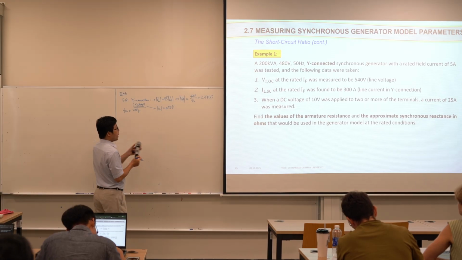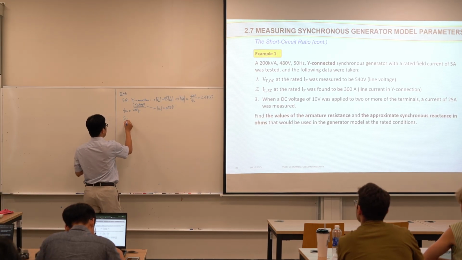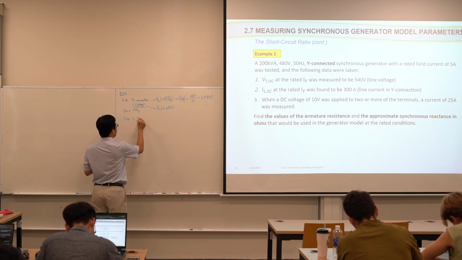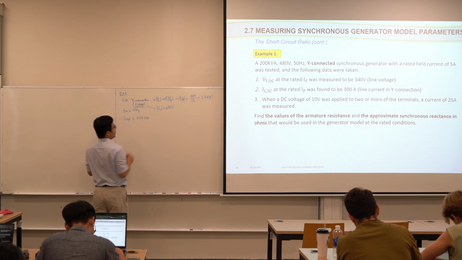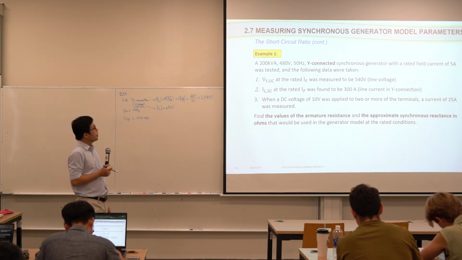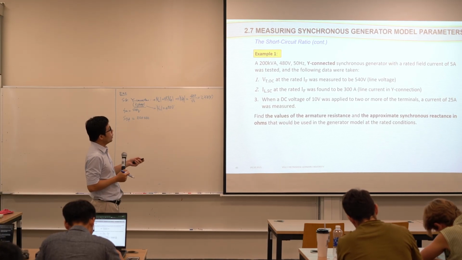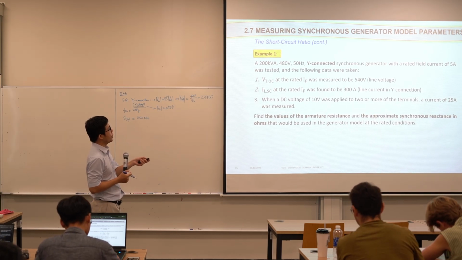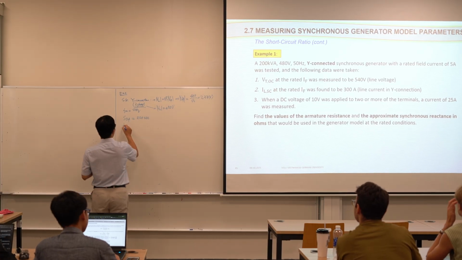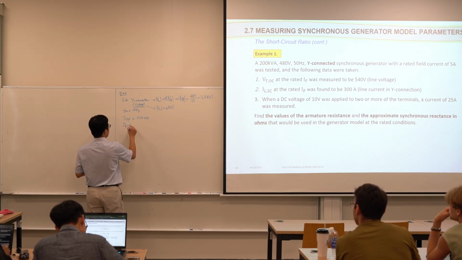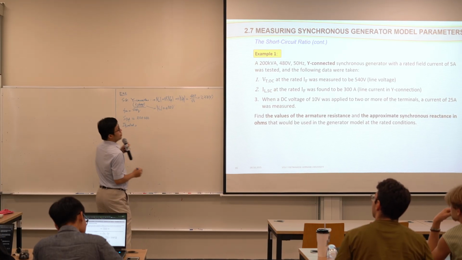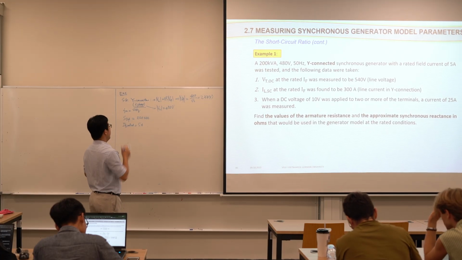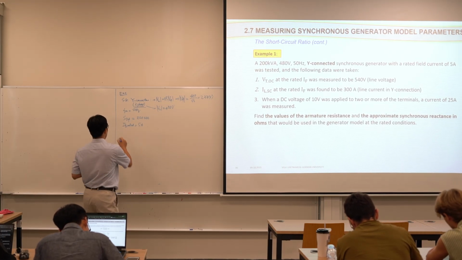So this is kVA, that means S 3 phase is 200 kVA. They also let us know about the rated field current. So we have IF rated. IF rated is 5 amperes.